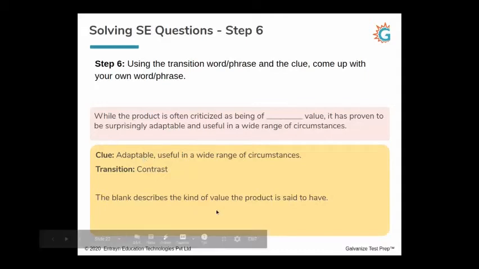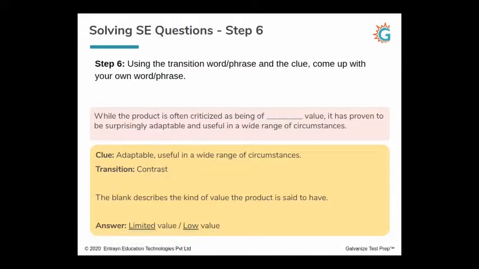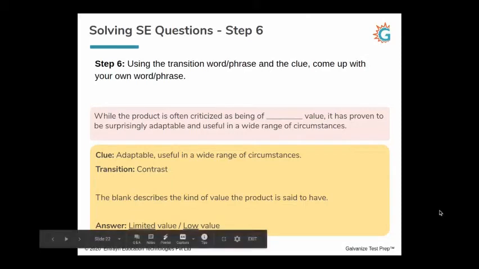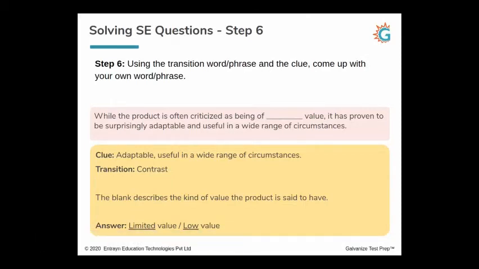So you are going to describe the value using the clue and the contrast. So how would you describe the value? It is not of wide variety, so you could call it limited value or low value. Okay, so since it cannot be adaptable, it has very fixed value. All right, something like that. Come up with your own specific words.